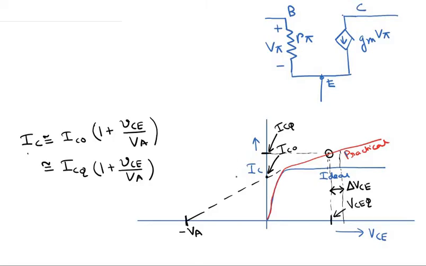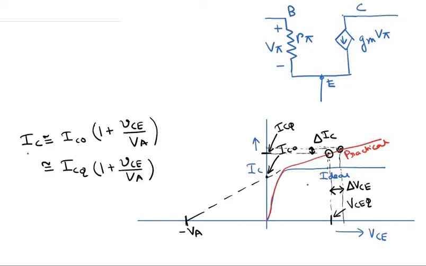So this delta VCE is basically the AC component of the collector to emitter voltage. So, we also have a small increase in the AC component of the collector current, which is basically given by the extrapolation along the horizontal direction. So, this small increase is actually delta IC.